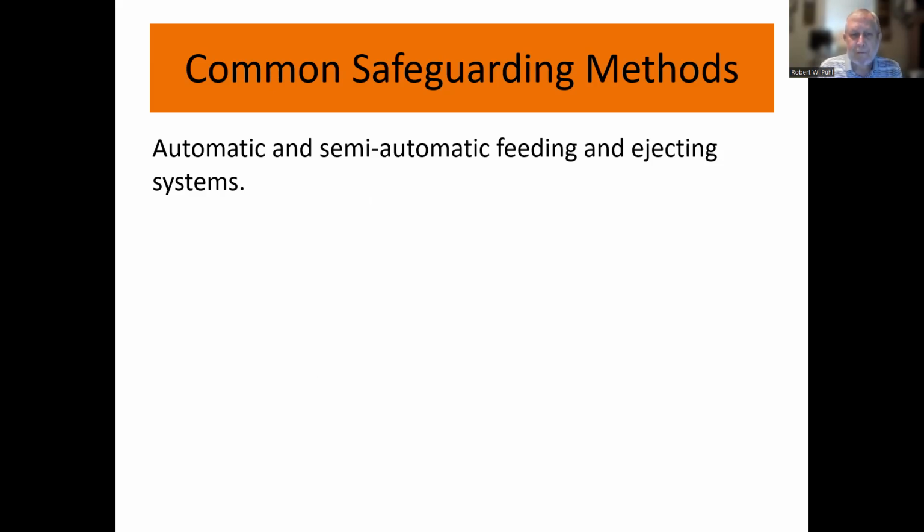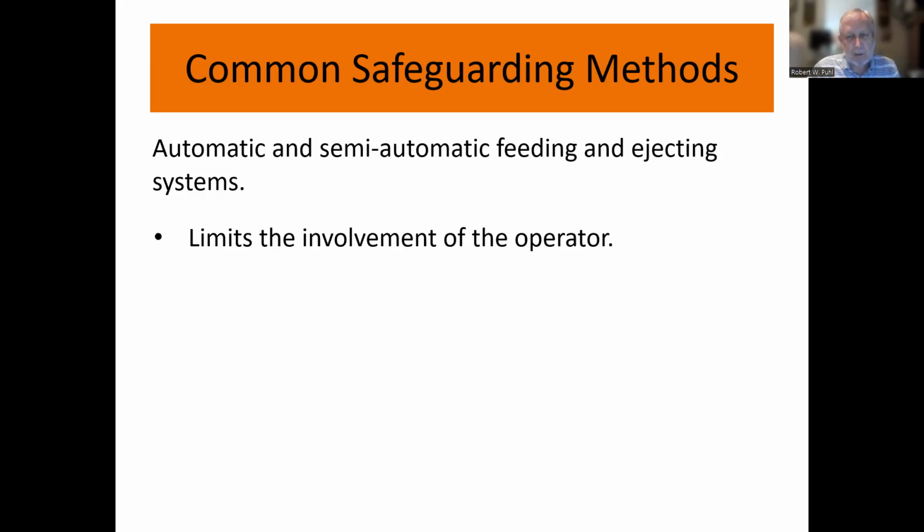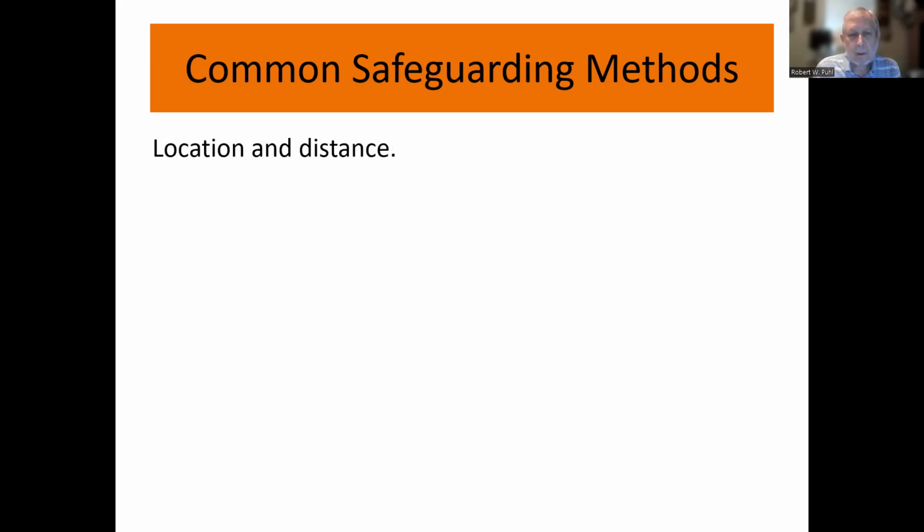Automatic and semi-automatic feeding and ejection systems. A lot of injuries happened to the old punch press operators. They stuck something in a punch press, boom. But now you could have it automatically fed into something like that instead of having a person stick their fingers in there. So it limits the involvement of the operator.